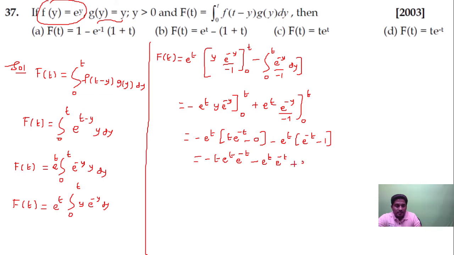Minus and minus is plus. e power t into e power minus t is e power 0, that is 1 only. So this is minus t minus 1 plus e power t, which can be written as e power t into minus of t plus 1. That's the answer, guys. This is t plus 1, answer is option B.